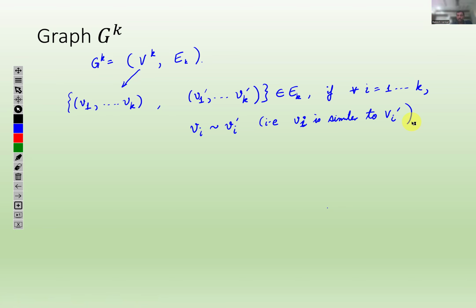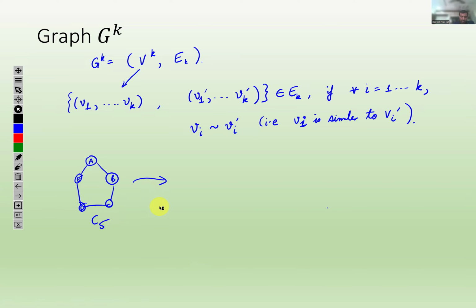So what would be the vertices of the five cycle squared? I had A, B, C, D, E on the five cycle. Now, this is C5, the five cycle. If I square this, how many vertices am I going to get?